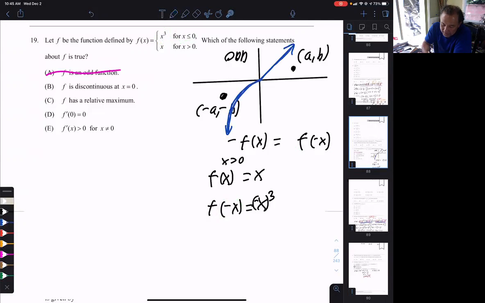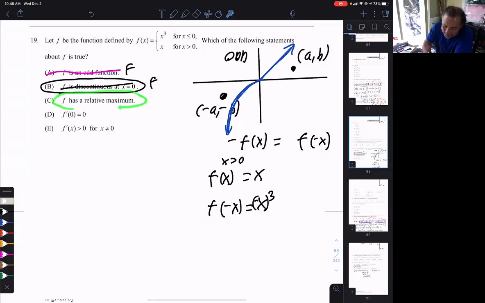So, is it continuous at 0? Yes. There's no jumps, holes, or gaps. Oh, is it discontinuous? No, that's false. So this is false. It is continuous, so it's not discontinuous. There is no holes. There's no gaps.